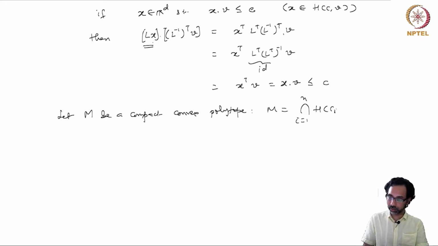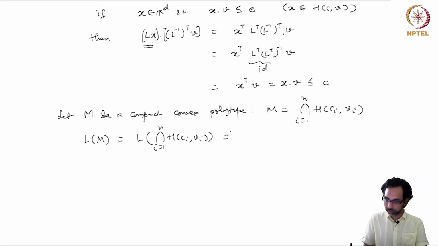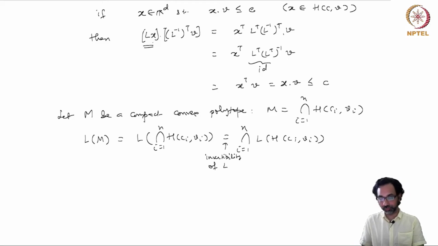So L of M is L of this intersection, and this is the intersection of L of H_{C_i,V_i}, and here I have again used the invertibility of L, because in general this is not true.